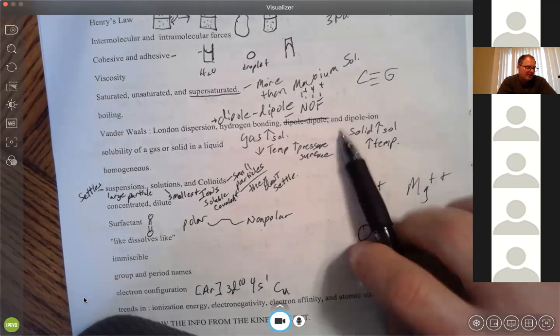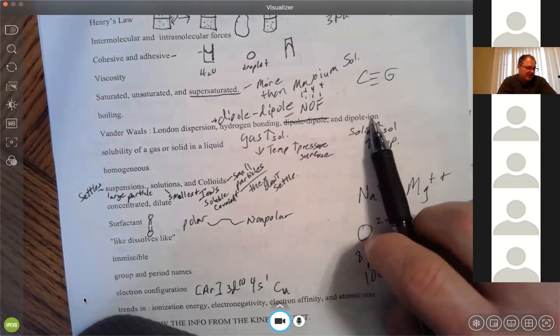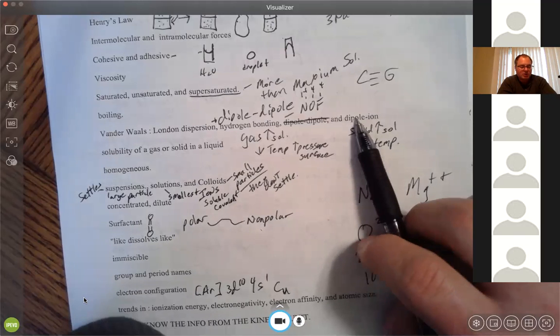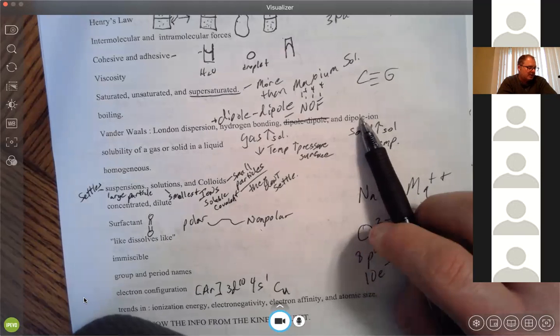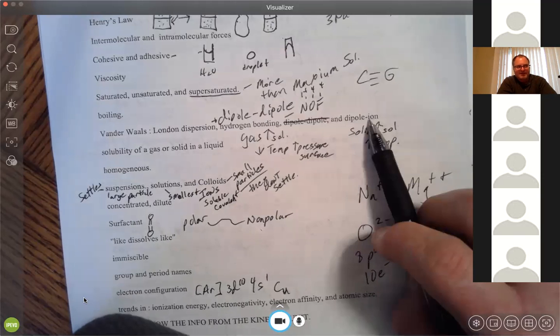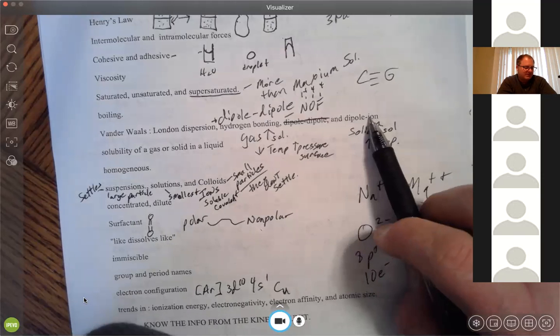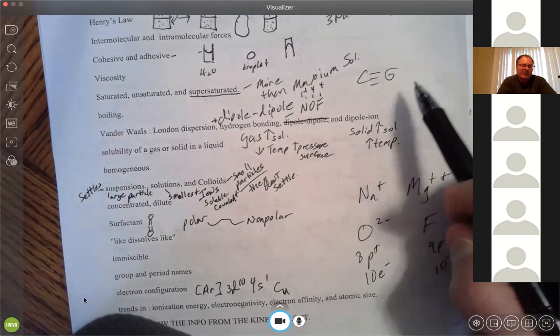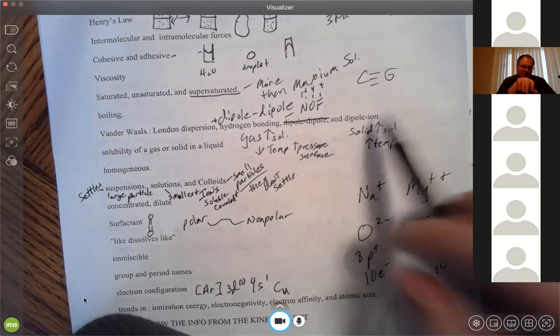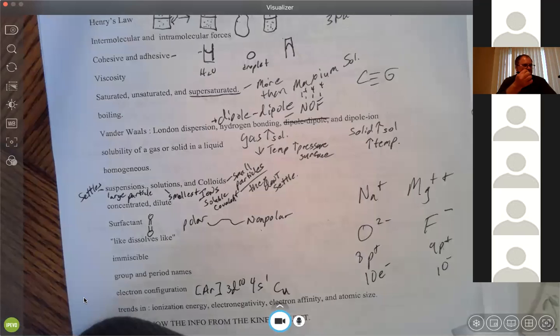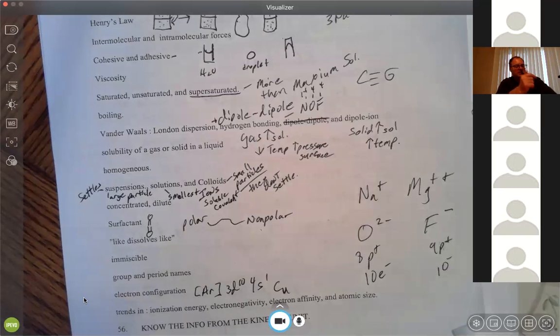A dipole ion, basically you have that partial charge grabbing on a full charge, and that's why it's considered to be the strongest. Usually with dipole ion, you also have a lot of these going on. Usually what you're talking about is water dissolving ionic compounds. So you have that little water molecule dance where all of the particles are surrounded by water molecules.